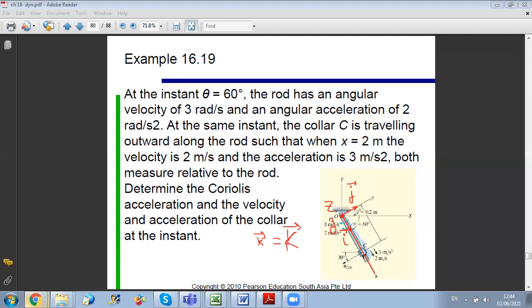So this is big I and this is big J. We can decompose, for example, small i into big I, big J. If you project on X, it's positive.